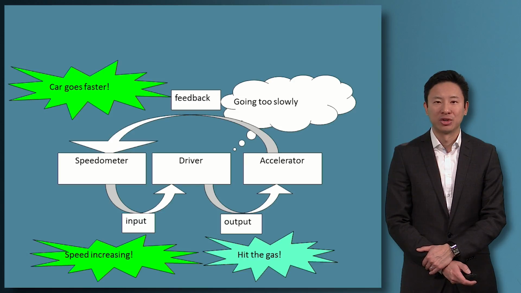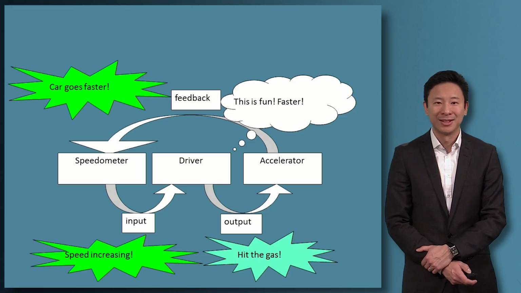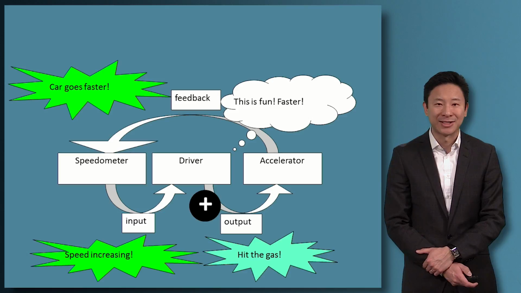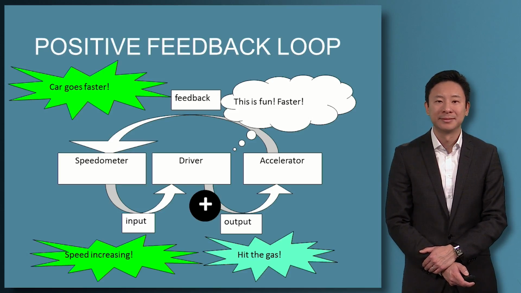And this information goes back to the driver. Now, if the driver decides that this is fun and we should go faster, then the driver will actually increase the output and the car will go even faster. This would be an example of a positive feedback loop.